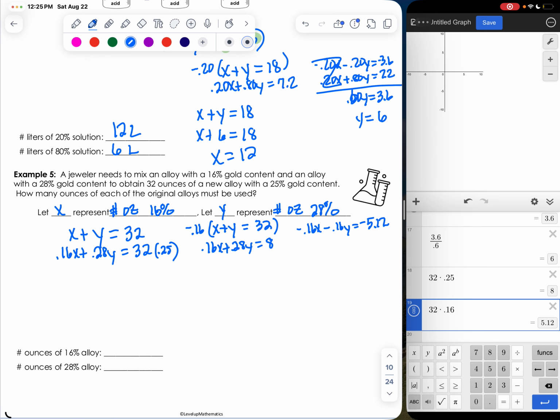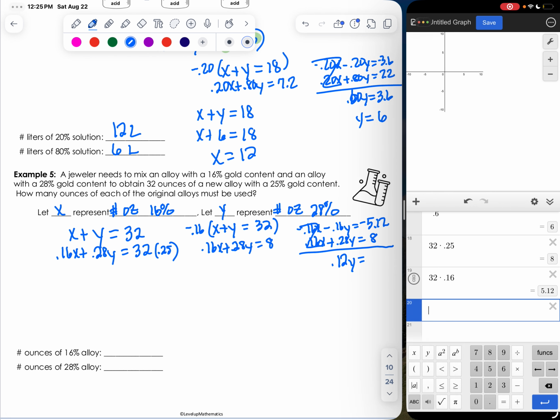Don't do anything to the bottom equation. And then we can add them together. So this would zero out, and this would be 0.12y equals negative 5.12 plus 8, 2.88, and then divide.